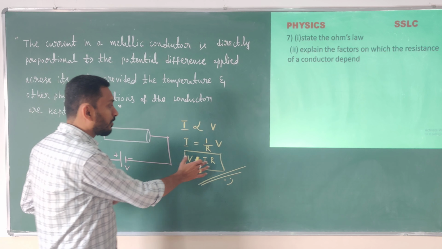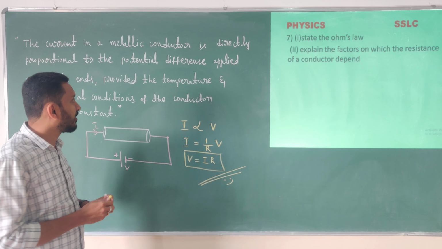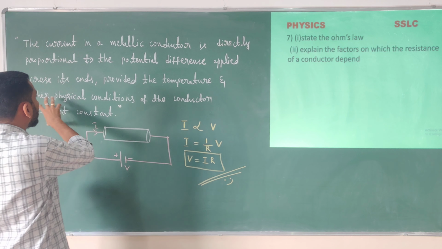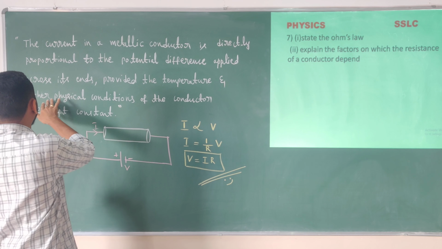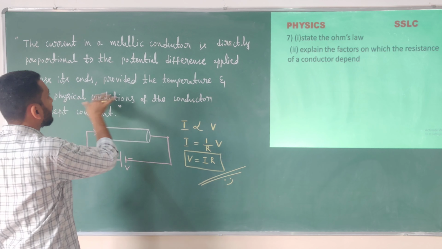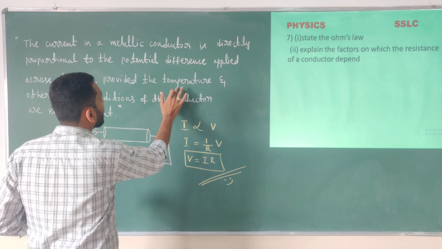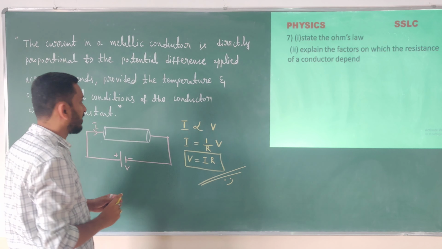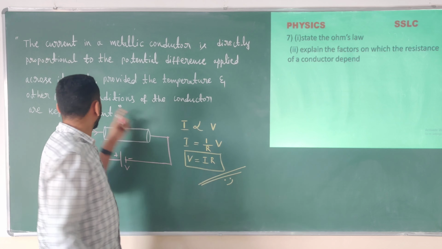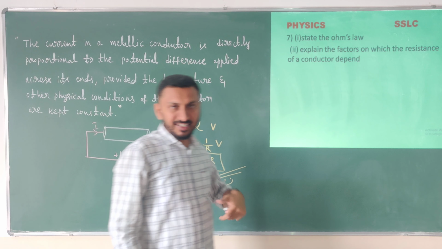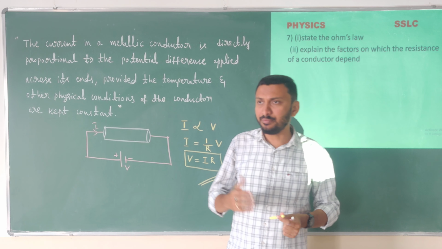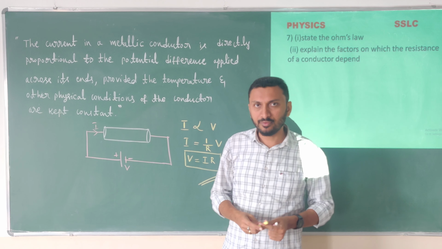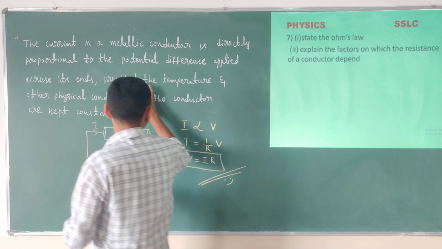Now let's talk about resistance. Before that, they have given one line: provided the temperature and other physical conditions of the conductor are kept constant. Other physical conditions may mean its length, area, size, shape, whatever it may be, and temperature.